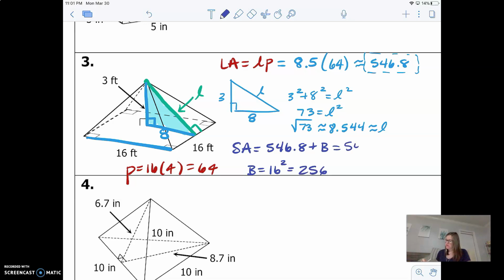So you plug that in, 546.8 plus 256. So that's going to be 802.8 feet squared. Total surface area. Woo! That's fun.